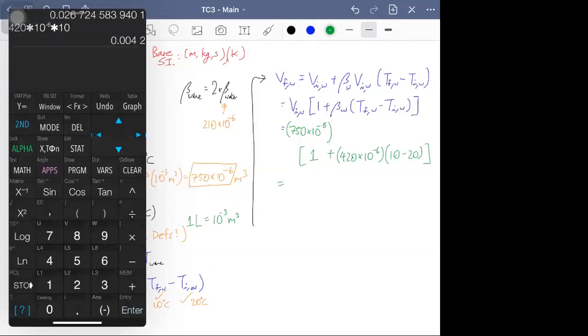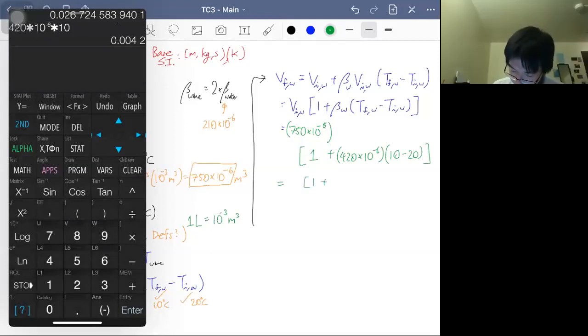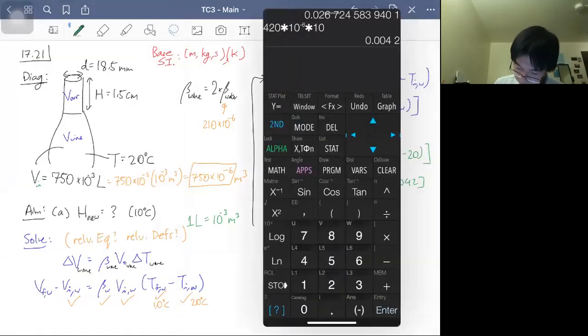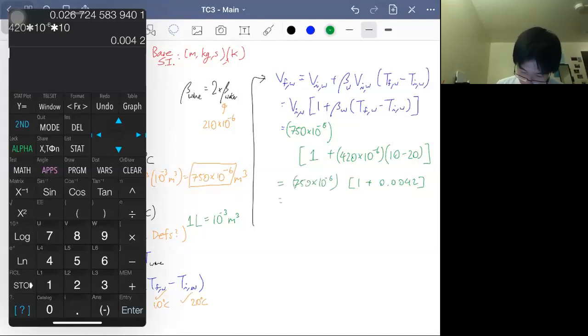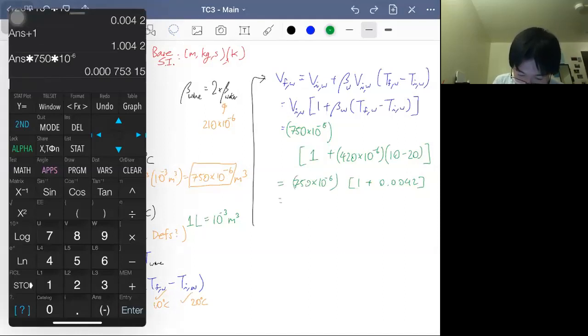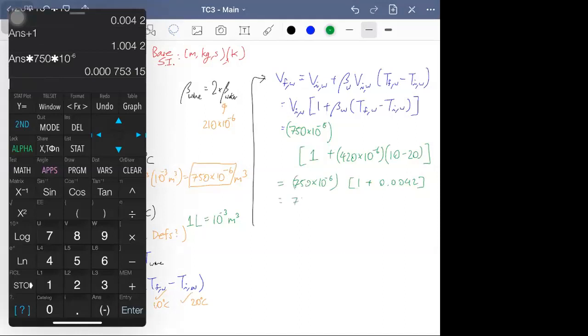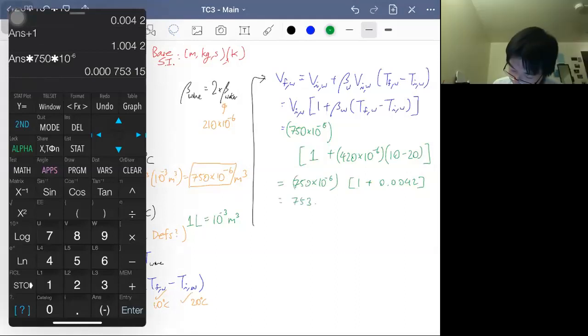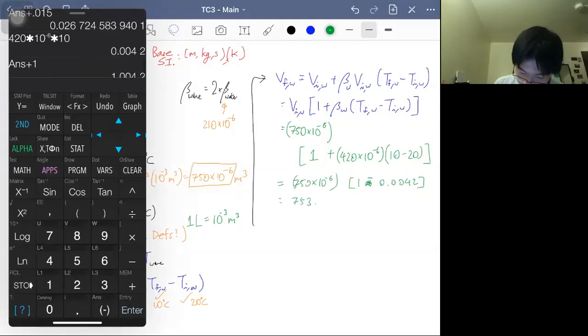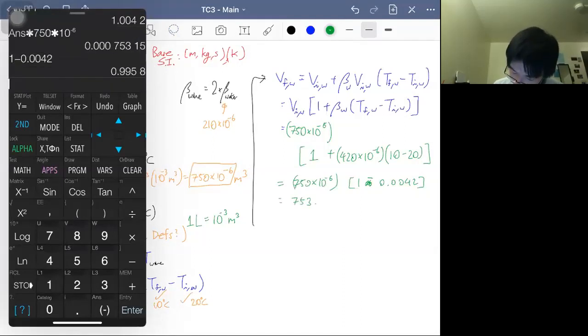So I have this plus 750. Oops, sorry, that's negative. So this part is 0.9958.